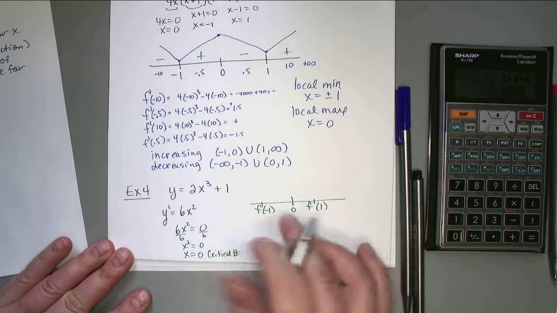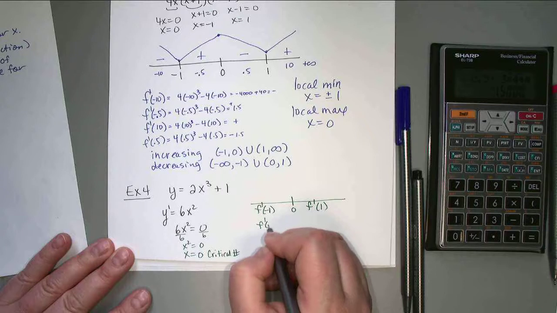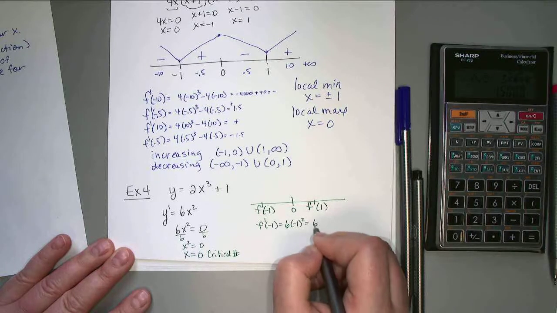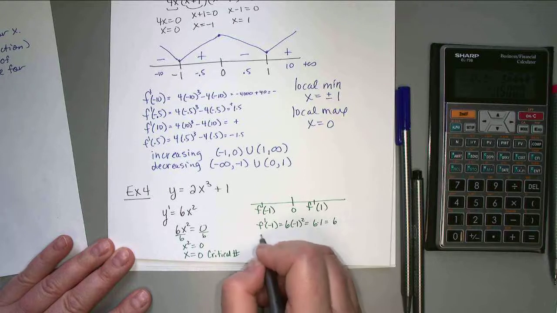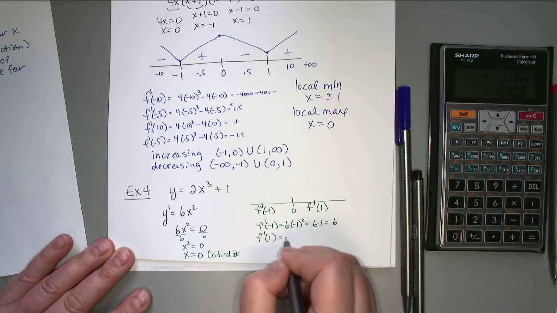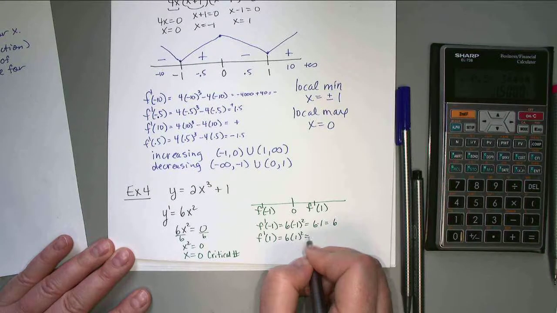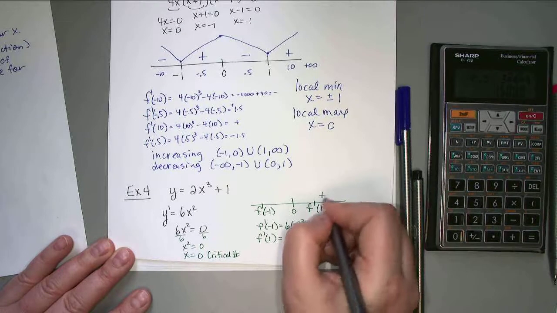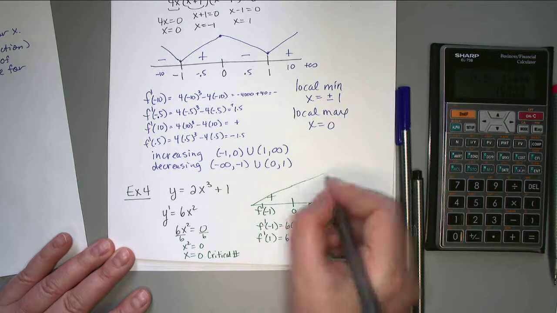Those are bigger and smaller. So f prime of negative 1 is 6 times negative 1 squared, 6. And at 1, 6 times 1 squared, 6 times 1 is 6. Those are both positive. So this goes up and then up again.